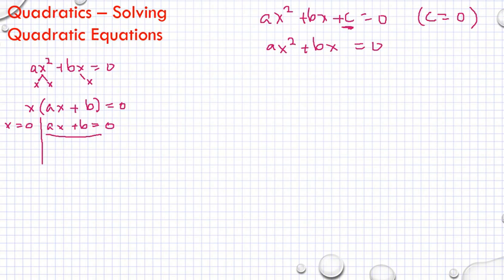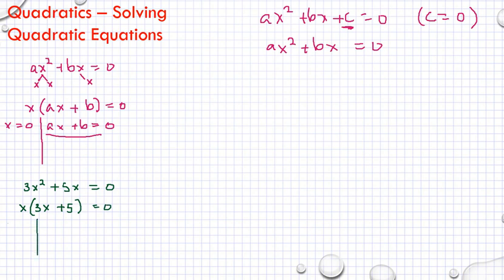Okay, let's take a look at some examples. For example, we have 3x squared plus 5x. As you can see, there is no constant, and there is x in both terms. Then I will put it outside the parentheses, so that we have x times (3x plus 5) is equal to 0.